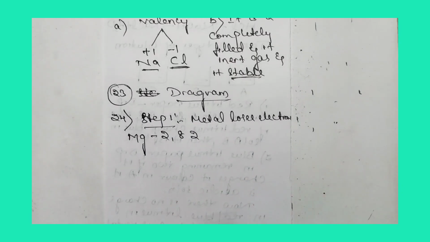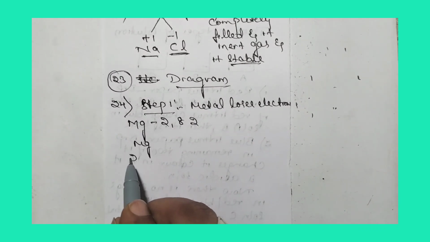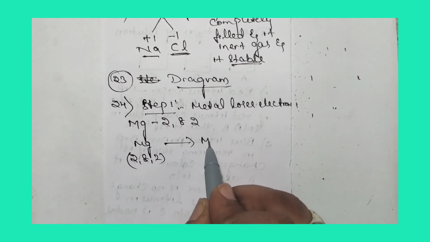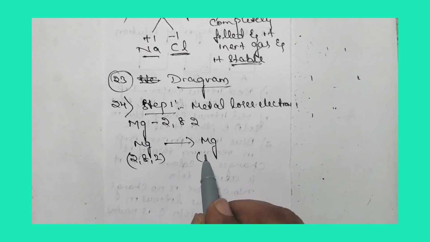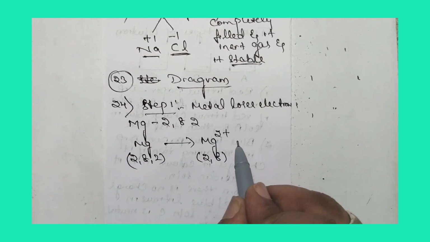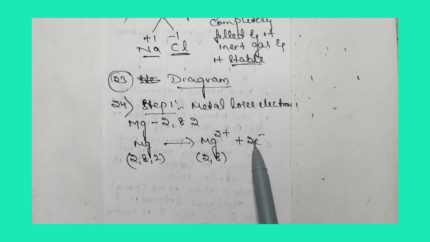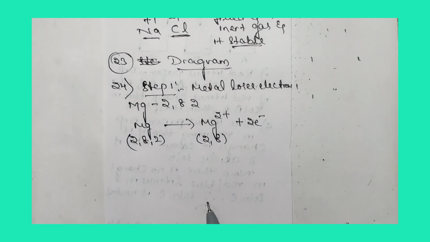So magnesium, by losing 2 electrons, will become a magnesium ion. Magnesium atom 2, 8, 2 by losing 2 electrons becomes magnesium ion 2, 8: Mg2+ plus 2e-. By losing 2 electrons, it becomes electropositive.